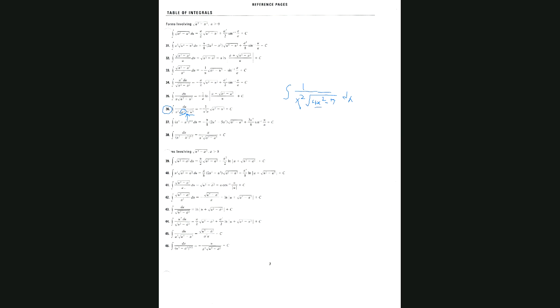I mean, 4x squared we can write as 2x quantity squared, right? So you have a variable or a function squared minus a constant, but you don't have a constant minus a function squared. So that's going to rule out formula 36. You need to have the u squared minus a squared under there.